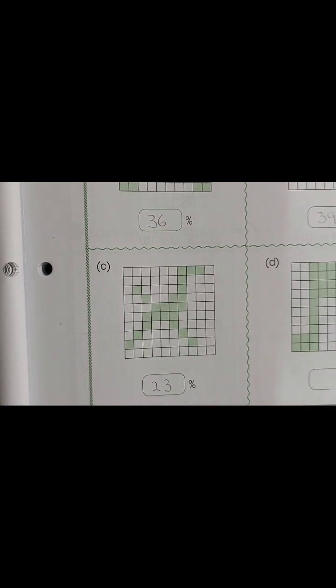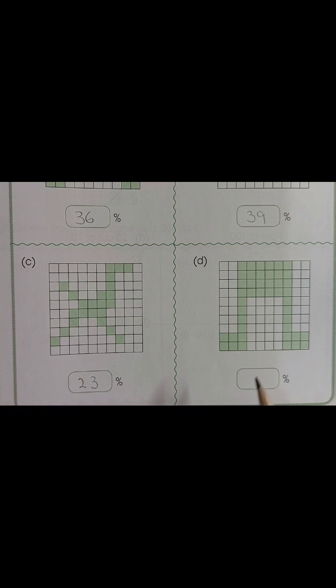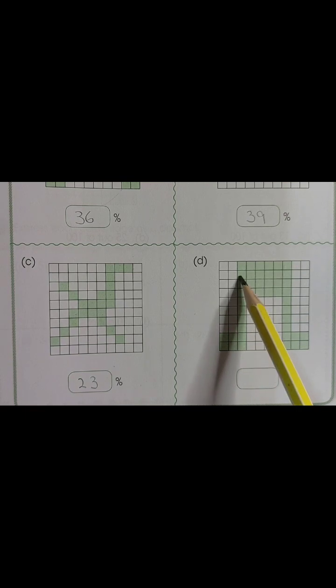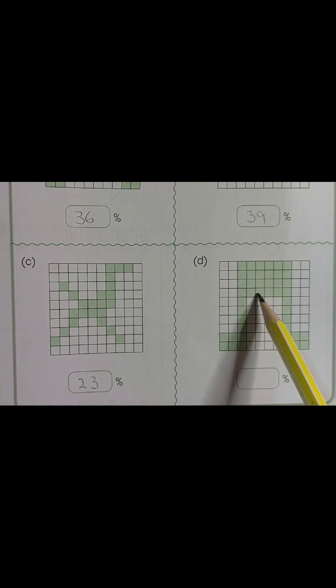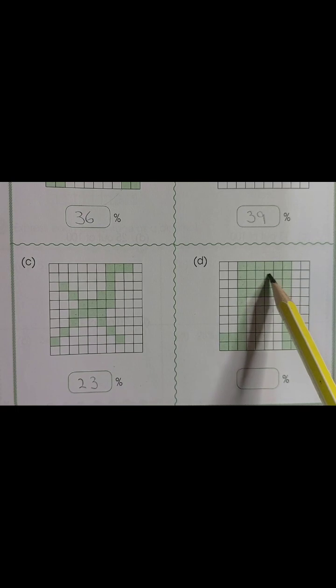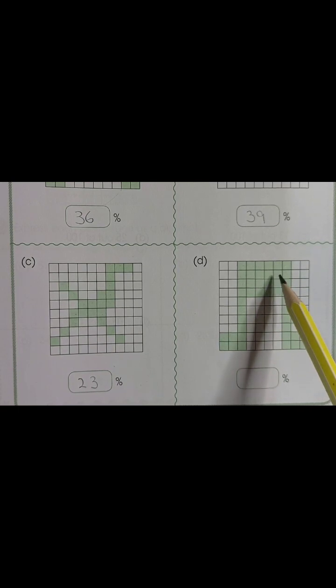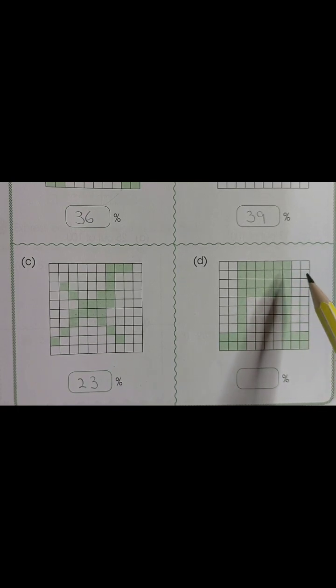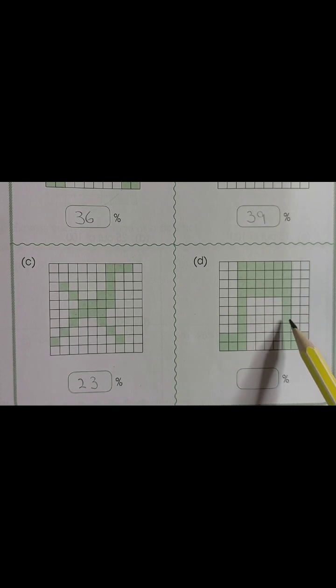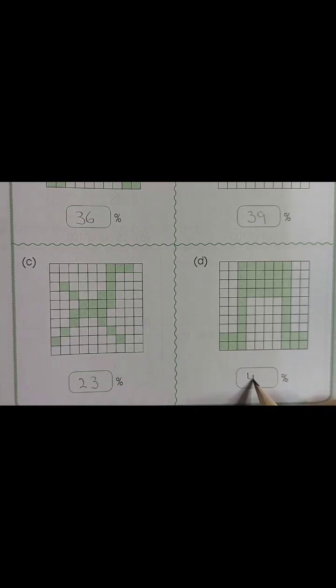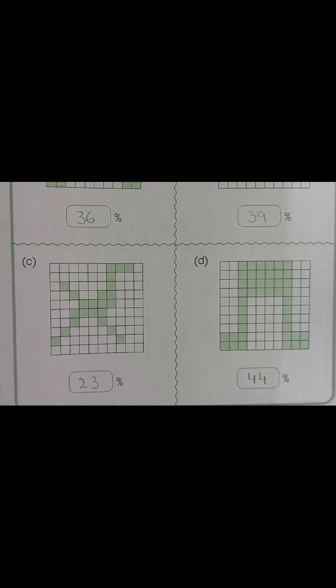Now move on to part D. In part D again we have to count 1, 2, 3, up to 44. So how many blocks are shaded? 44%. This is the first question of your worksheet 1.